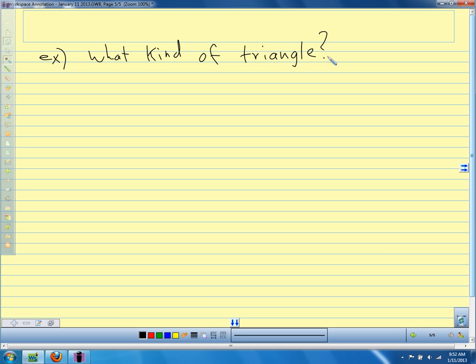And what I mean is, is it right? Is it obtuse? Is it acute? We'll do a couple of examples. My sides are 14 inches, 7 inches, and 9 inches.